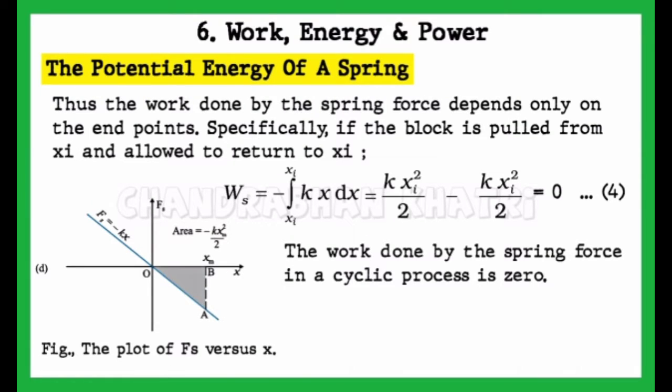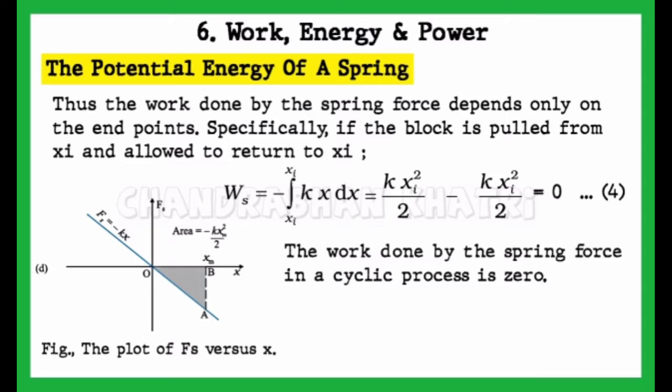Thus, the work done by the spring force depends only on the endpoints. Specifically, if the block is pulled from xi and allowed to return to xi, then work Ws will be equal to minus integration limit xi to xi kx dx, that will be equal to kxi square upon 2 minus kxi square upon 2, that will be equal to 0.